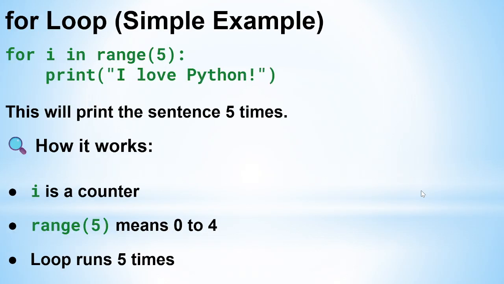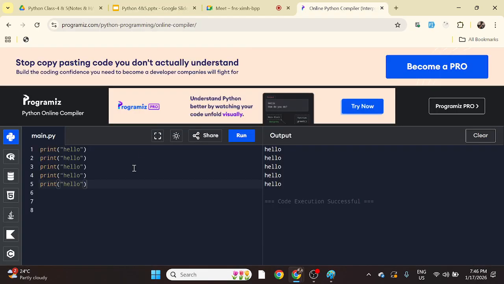So let's see how we can use the for loop. The simple thing is: for i in range, and inside the range we give how many times we want to repeat the loop. I will show you here. I am removing this hello, I don't want to write it like this.